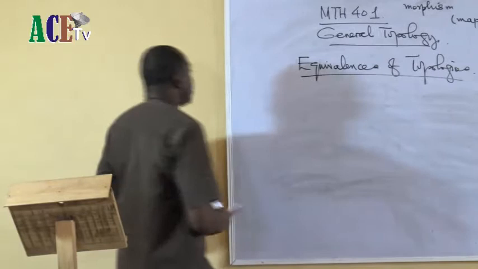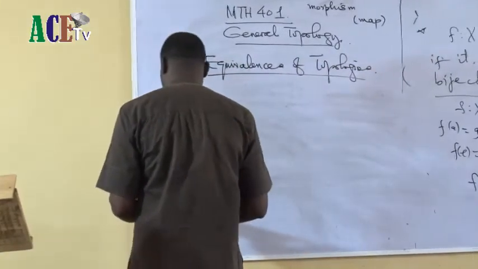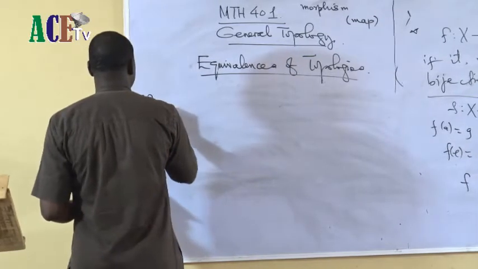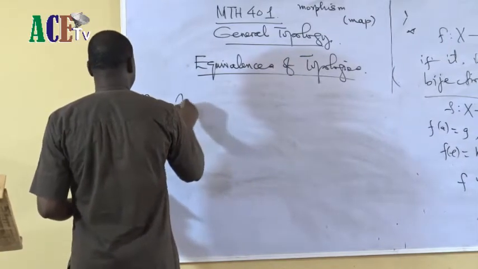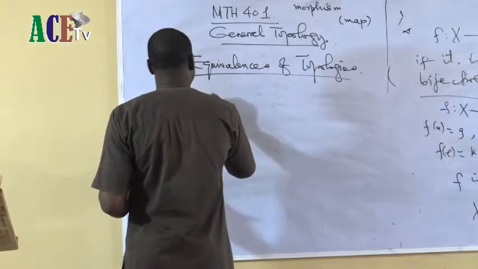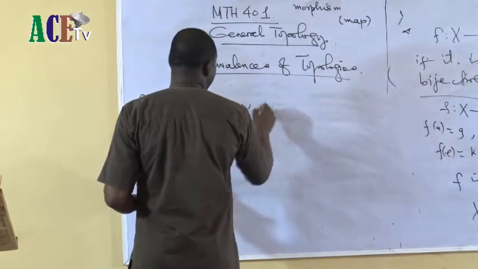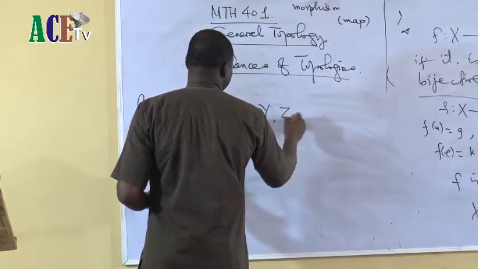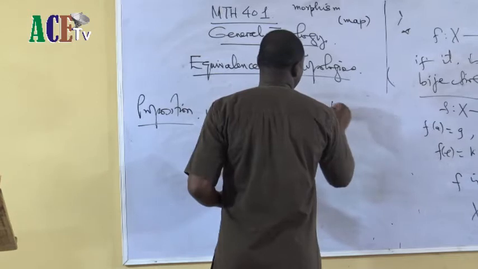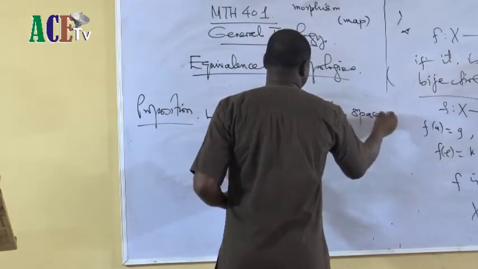Now you have a theorem here, or let me call it a proposition. A proposition says: let X, Y, Z be topological spaces.